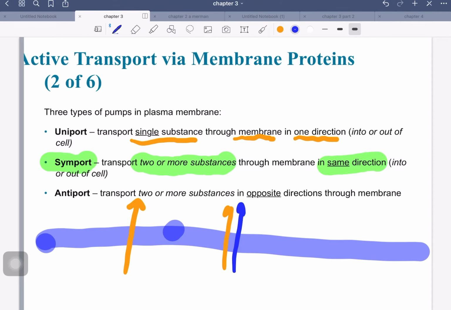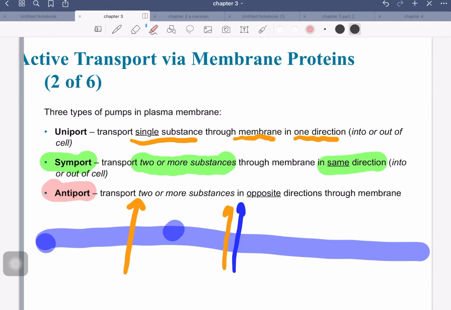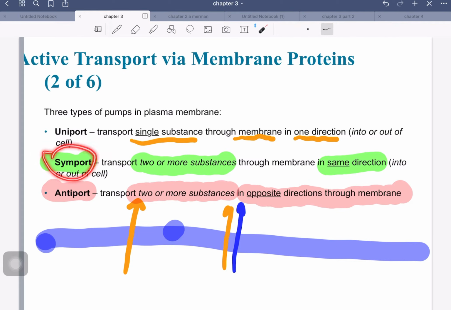Antiport, let me just change colors here. Antiport is a transport of two or more substances. Now here's the key word, in an opposite direction through the cell membrane. So you can see that we have a difference between symport and antiport. Symport, two or more things traveling in the same direction across a membrane.